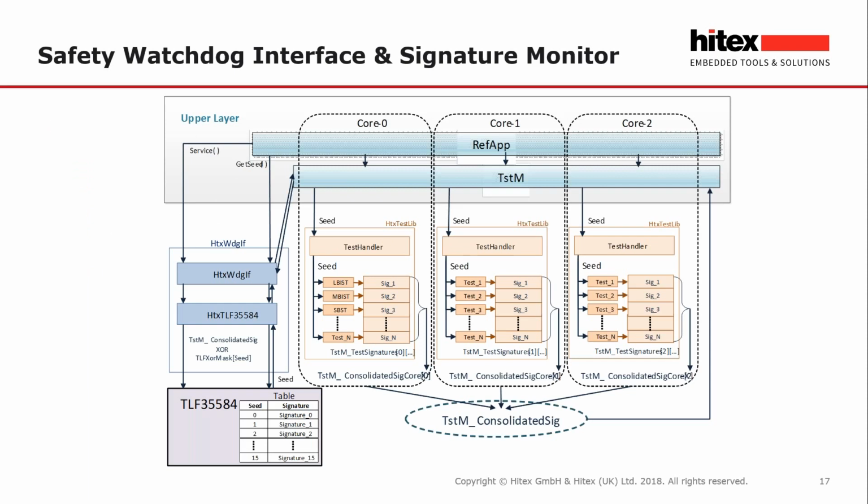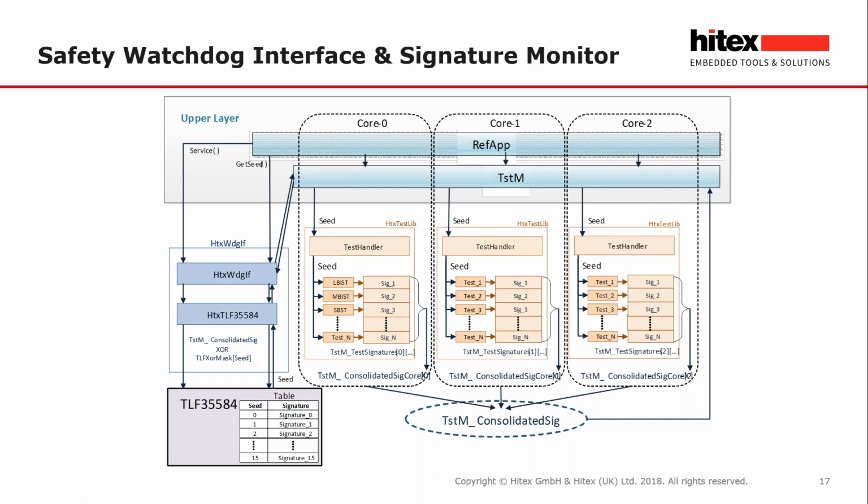Now, the safety watchdog interface and the signature monitor are represented by this rather complex diagram, so I apologize if you find this hard to understand, but essentially it's showing that the signatures are circulating from the individual tests up through the test manager and then into the watchdog interface and ultimately down into the TLF 35584, which is the thing that is actually going to determine whether the system's in a safe state or not.